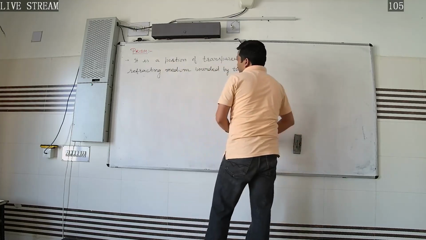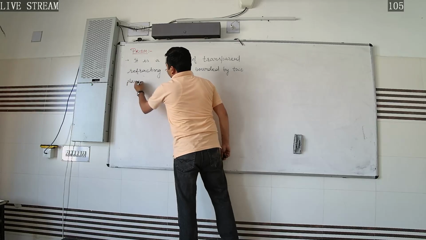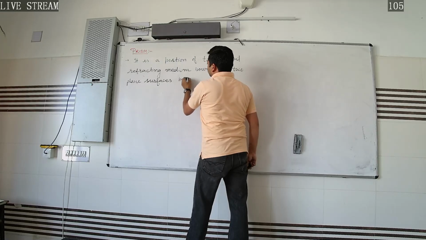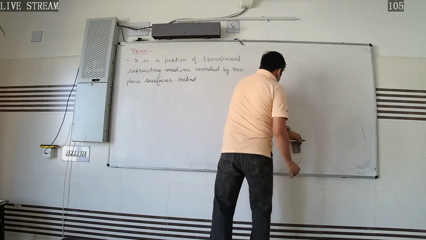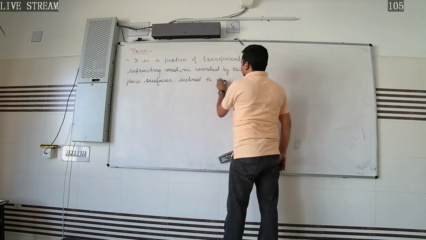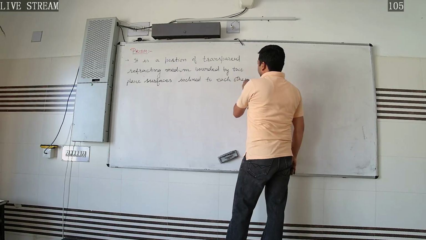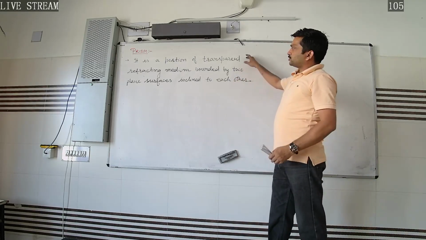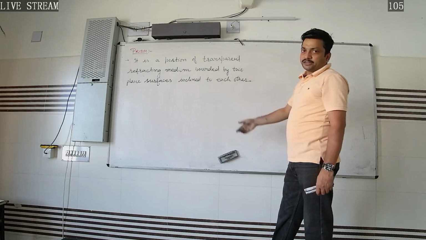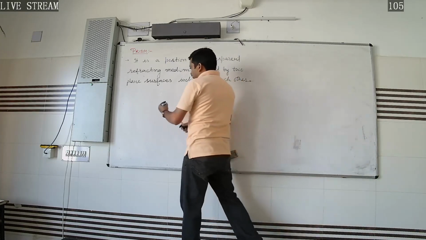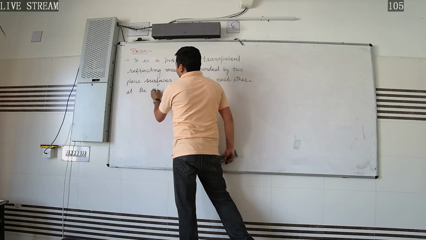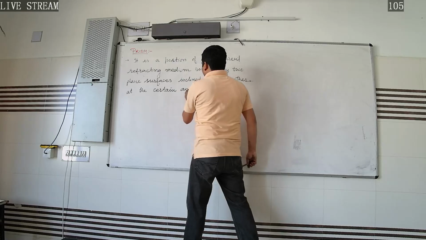Bounded by the two plane surfaces inclined to each other at a certain angle. That is what we call prism.